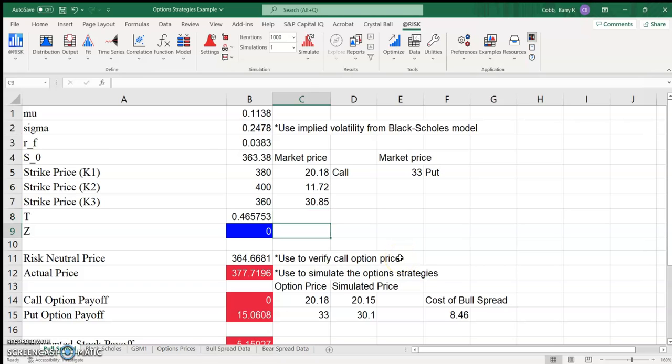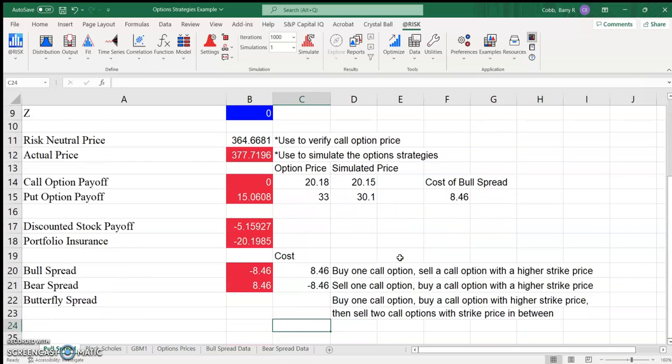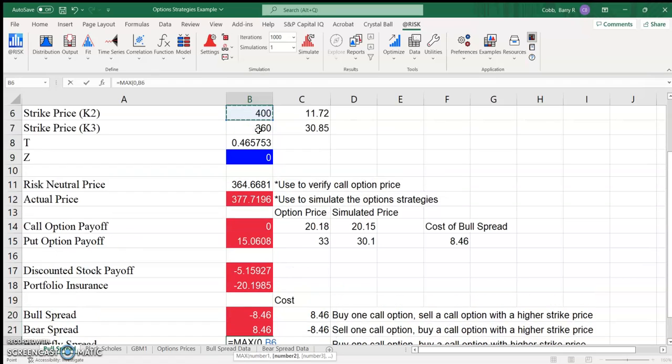Okay, so here's how we'll set up the butterfly spread payoff. First, we're going to buy the lower strike price option, the one that has a strike price of 360. So we're buying that option, so we would expect to receive the payoff from that option, which will be the actual simulated price minus the strike price, in this case 360.